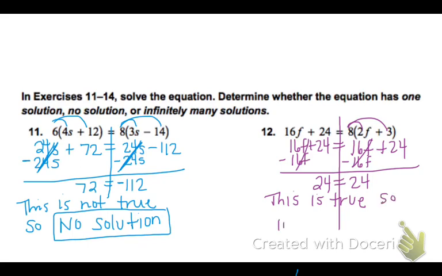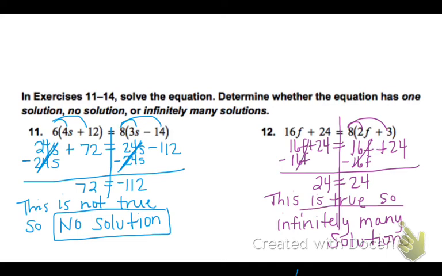So we would write infinitely many solutions.